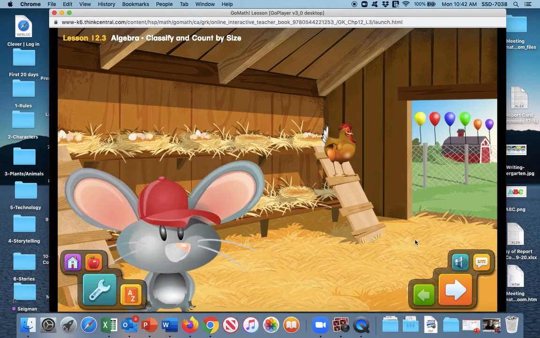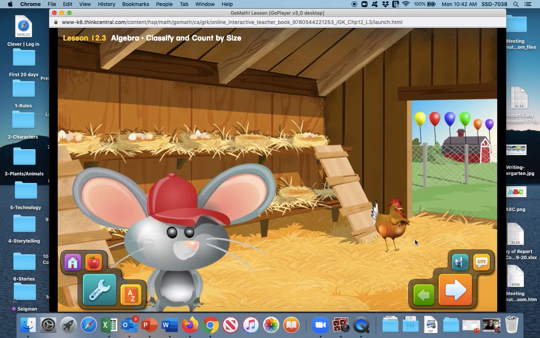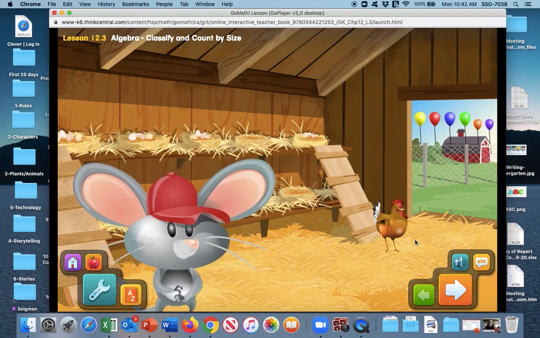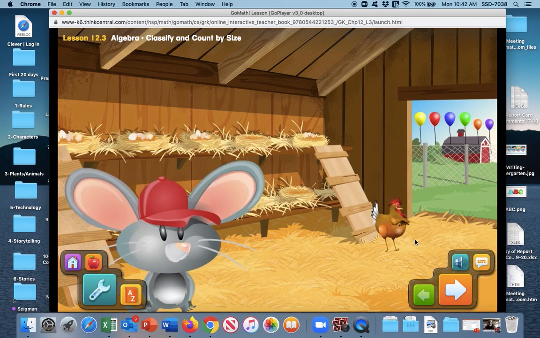Charlie says he likes small balloons best. He wants to know how many balloons are small. I'm not sure how many of the balloons are small. I'd like to know. Let's learn about classifying and counting objects by size.